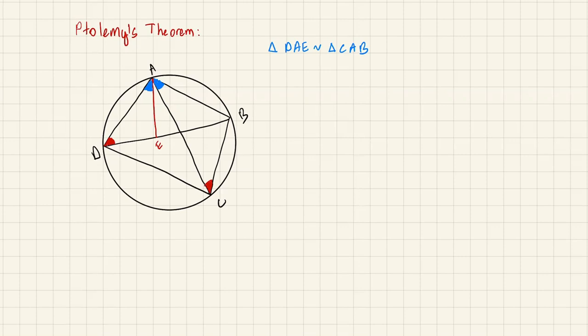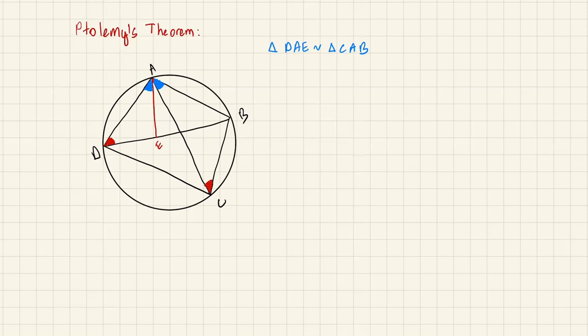If I look at angle BAE, this angle is the same as angle DAC, and this is going to be equal to DAB minus DAE. This whole angle minus this piece is going to be the same as this one. Let me go ahead and write those so we can see it.